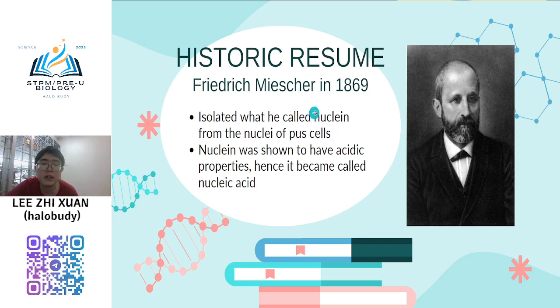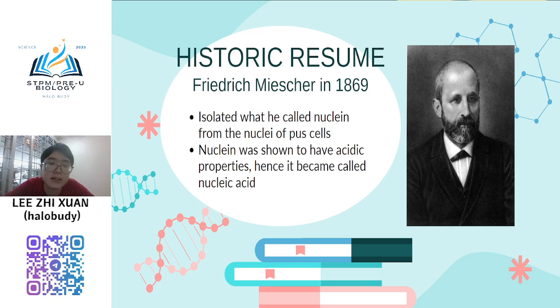The founder of nucleic acid is Friedrich Miescher in 1869. He was the scientist who first discovered and isolated this component from cells, which we call nucleic acid. Why is it called nucleic? Because this component is found in the nucleus.